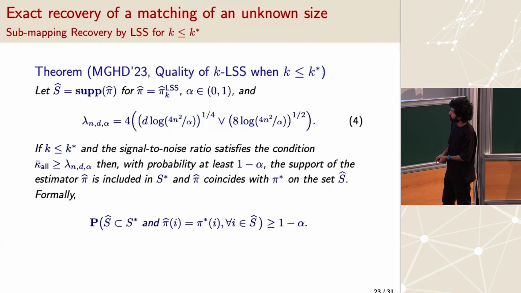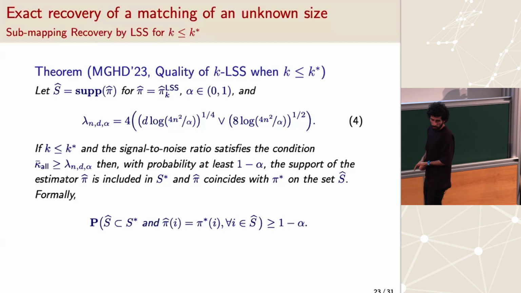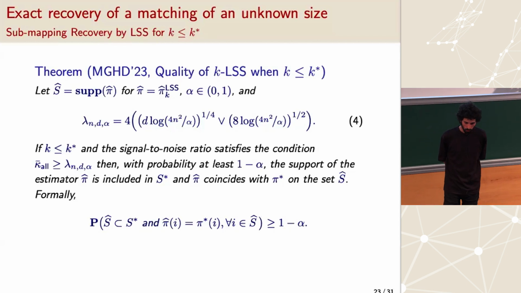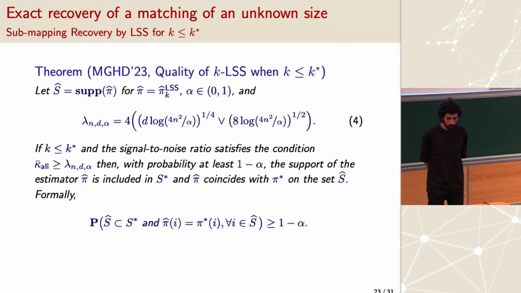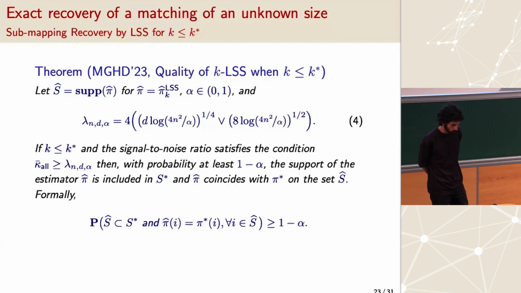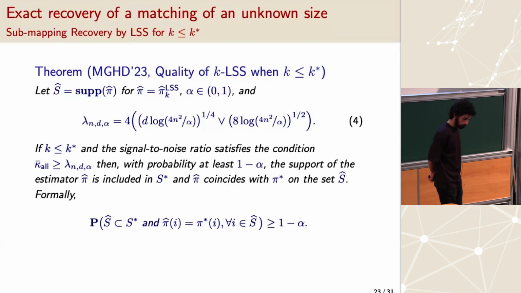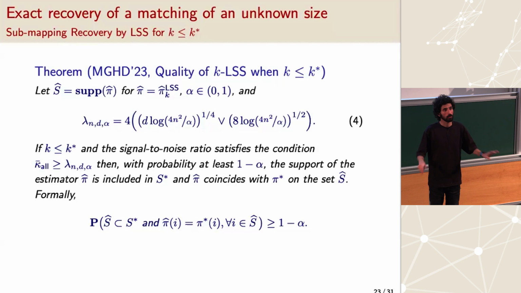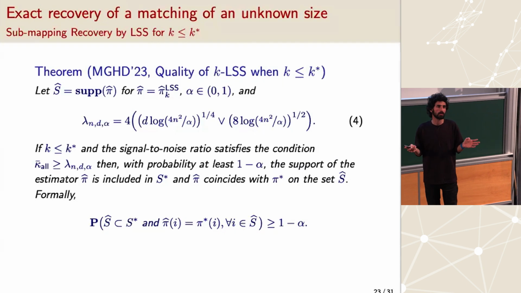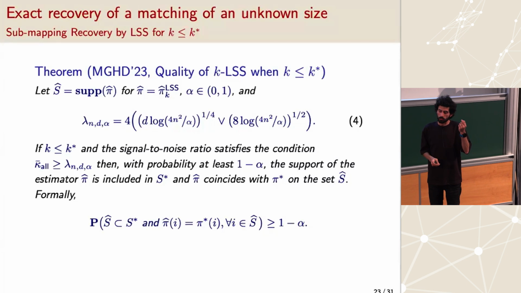Okay, so the first result that we show is: assume we don't know k star, but we somehow know that the k that we have chosen is smaller than k star.